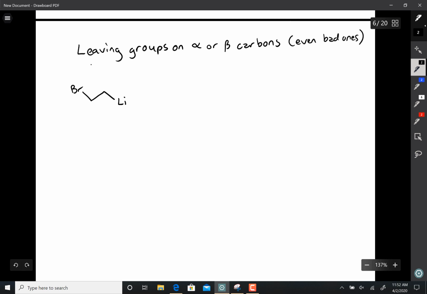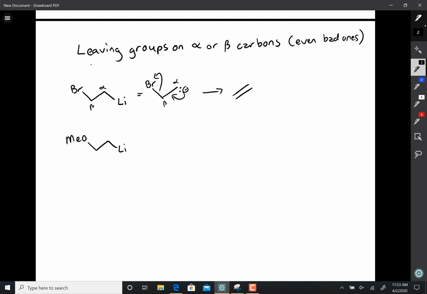This is an example of an illegal organolithium, because essentially this is a carbanion. Here's the alpha carbon, here's the beta carbon. It's got a leaving group there. That carbanion goes there, and this molecule instantly becomes an alkene. And the leaving group doesn't even have to be a good one. It can even be an oxygen one, which is a poor leaving group in a lot of situations. But since this carbanion is so darn basic, it can actually kick that off.